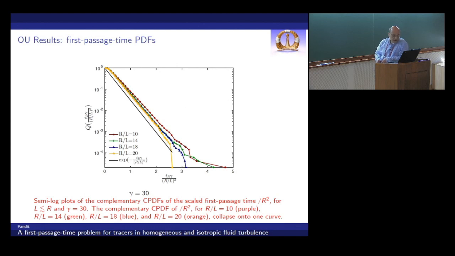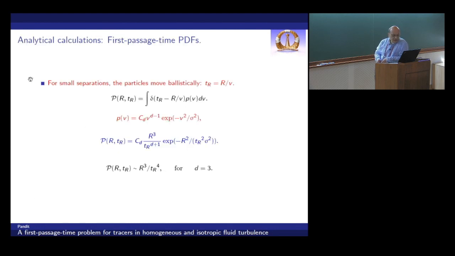But still it's numerics. So it turns out that if you're Akhilesh, you can come up with a simple argument, all right? And the essential insight is the following, that for small separations, the particle basically moves ballistically.